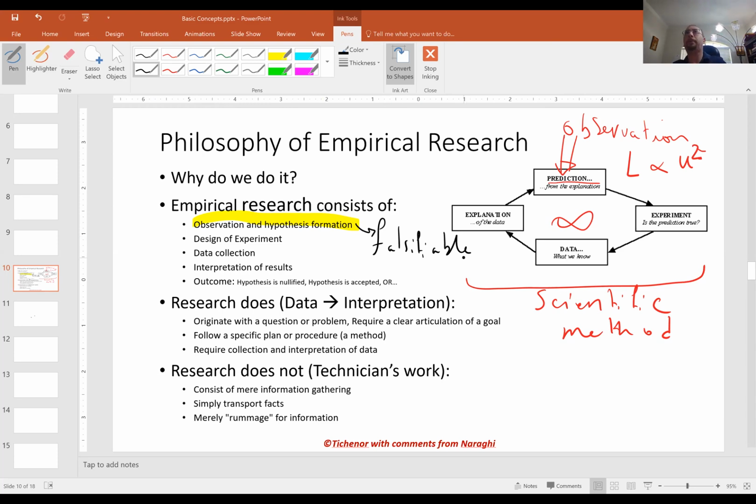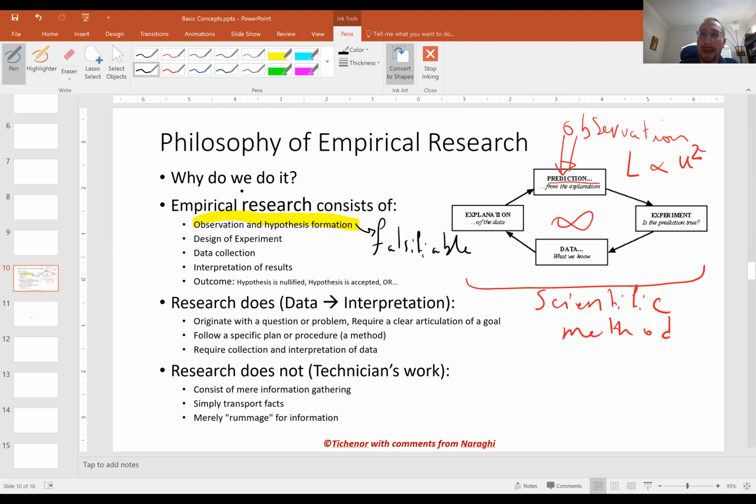And what does falsifiable mean? It means the opposite of that is also meaningful. For instance, lift is proportional to u squared is falsifiable because the opposite of that is lift doesn't scale with u to the power of 2. I'm not giving any weight to any of them. I'm just saying of these 2 hypotheses, one of them is true, but both of them are falsifiable.